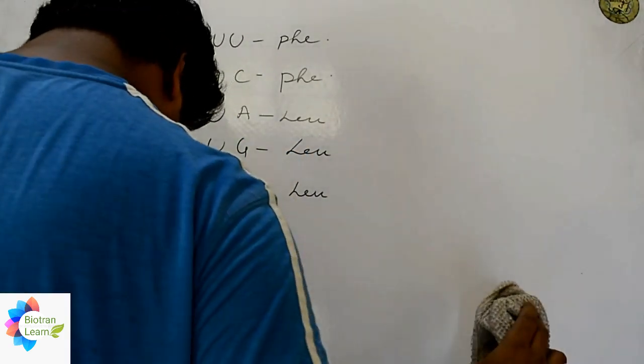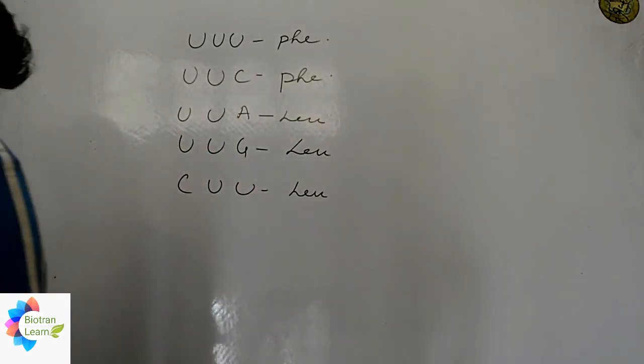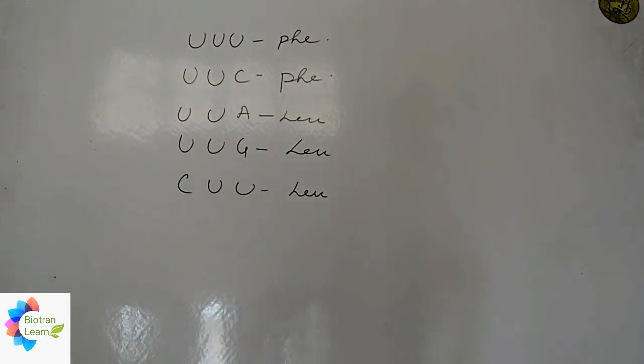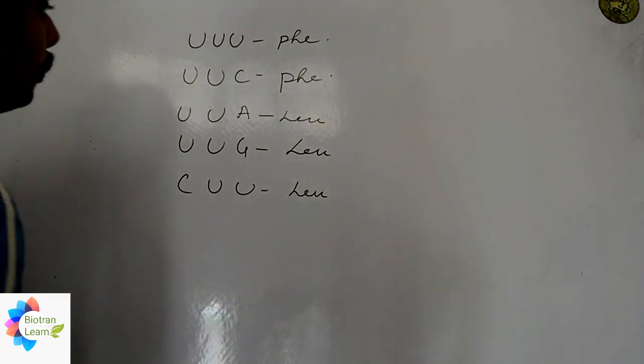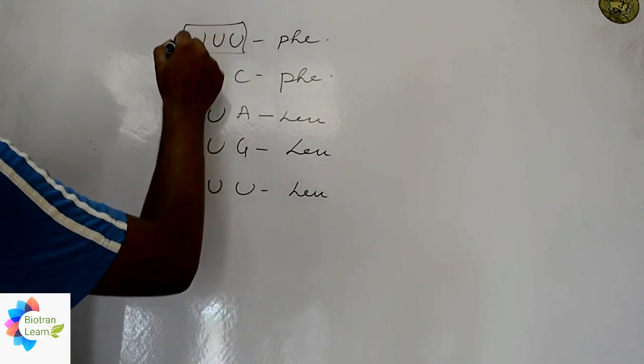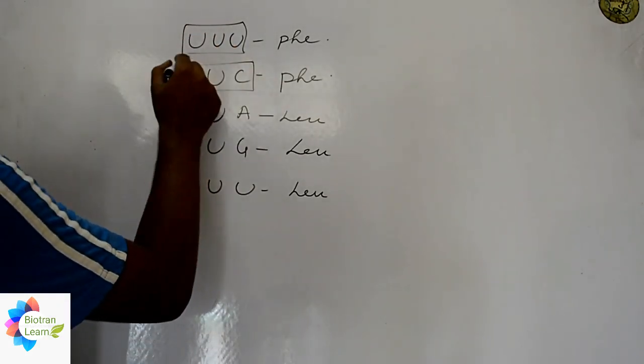In this section it is mentioned that one codon codes for only one amino acid, hence it is specific. So what does it mean? Suppose we have UUU or UUC.